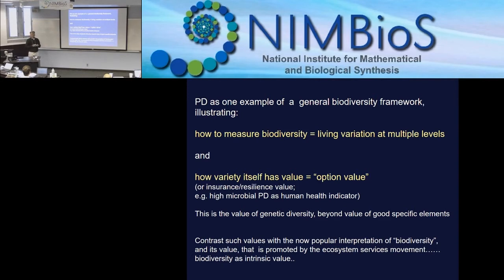But my argument as a biodiversity scientist is that PD, which is an example I'm going to show you of a very general biodiversity framework, is all about living variation, and that variation has variety in the sense of what we call option value, which is a term stolen from economics. It basically means values for future generations, often unanticipated values.